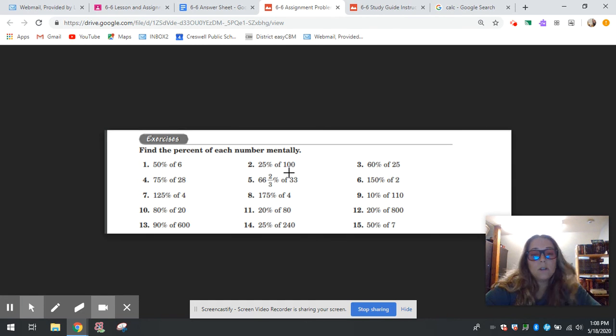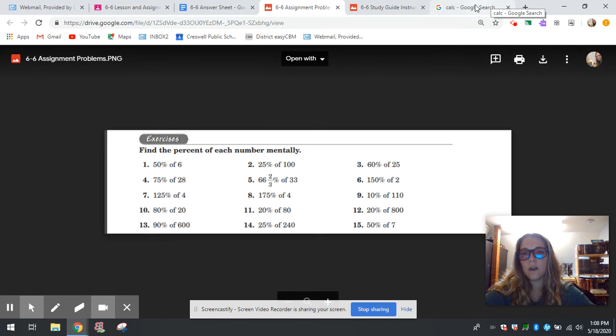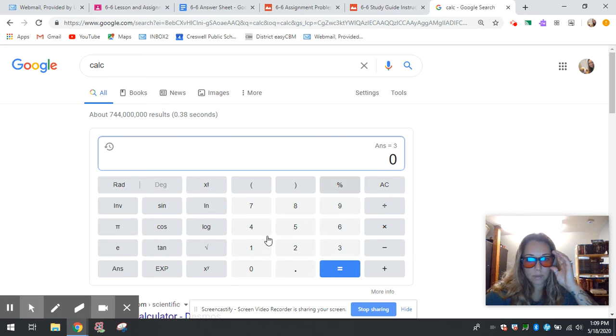So if I have 25% and I want to turn it into a decimal, then I just take the imaginary decimal that's currently farthest to the right and move it to the left twice. So then I'd have 0.25 and I'd multiply that by 100. Let's go to my calculator. 0.25 times 100 equals 25.